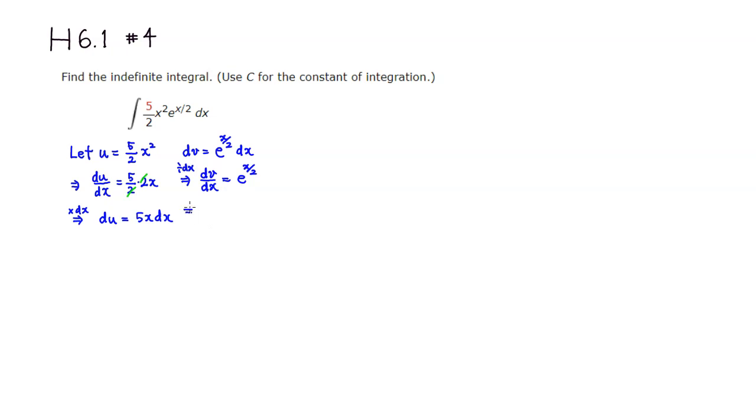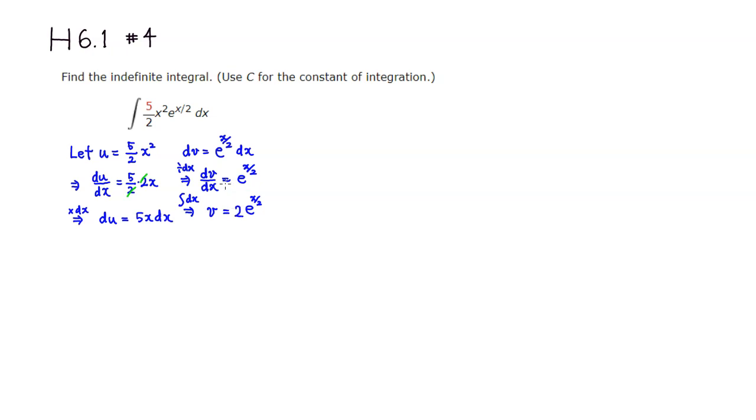We can take the antiderivative with respect to x so that we can recover v. The antiderivative of e to the x over 2 would be e to the x over 2, divided by 1/2, which is the same thing as multiplying by 2. So I'm going to put that 2 there.